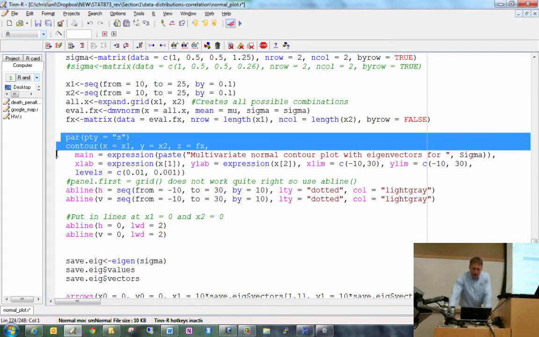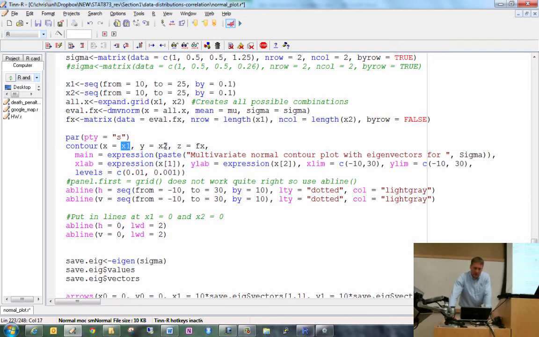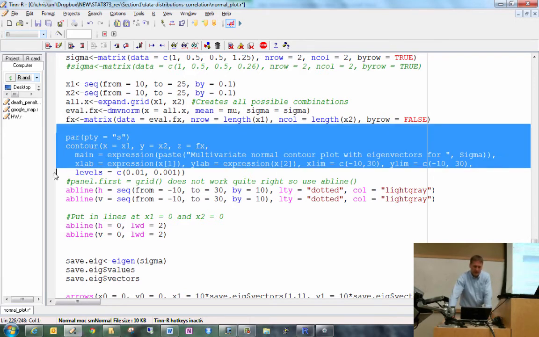So I say contour, the x-axis, the y-axis, and the contours are going to correspond to f of x. I purposely state levels, which allows me to state which f of x contours I want on my plot. Just to make things look nice, I've only chosen 2 different levels.